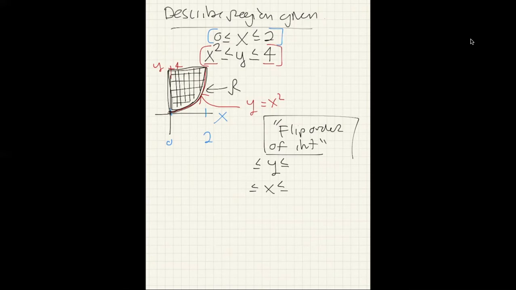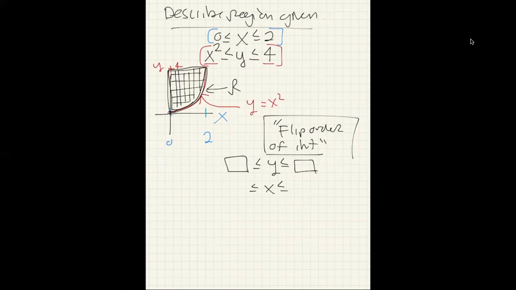What are our y's ranging between? This is where I would ask the class who thinks they know what the y bounds are going to be. The first set of bounds is always the easiest. They're just constants.